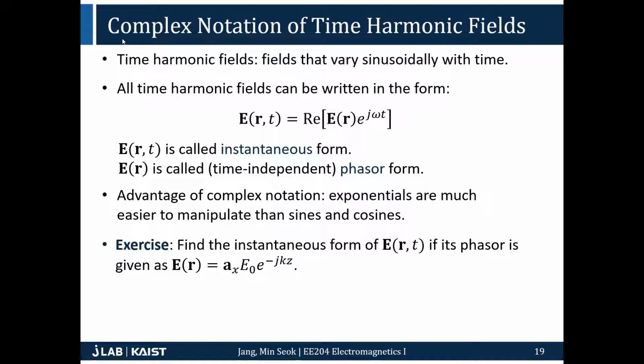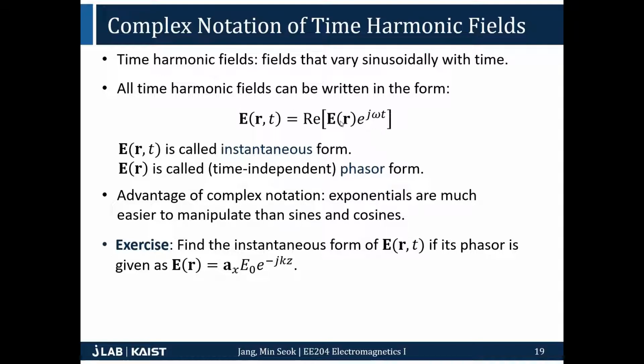What I mean by time harmonic field is that the only time dependence of the field is sinusoidal. Although the electric field and magnetic field can both depend on space and time, we just assume that the time dependence can be written like e to the j omega t. Okay, so e to the j omega t is just the oscillating function, right?